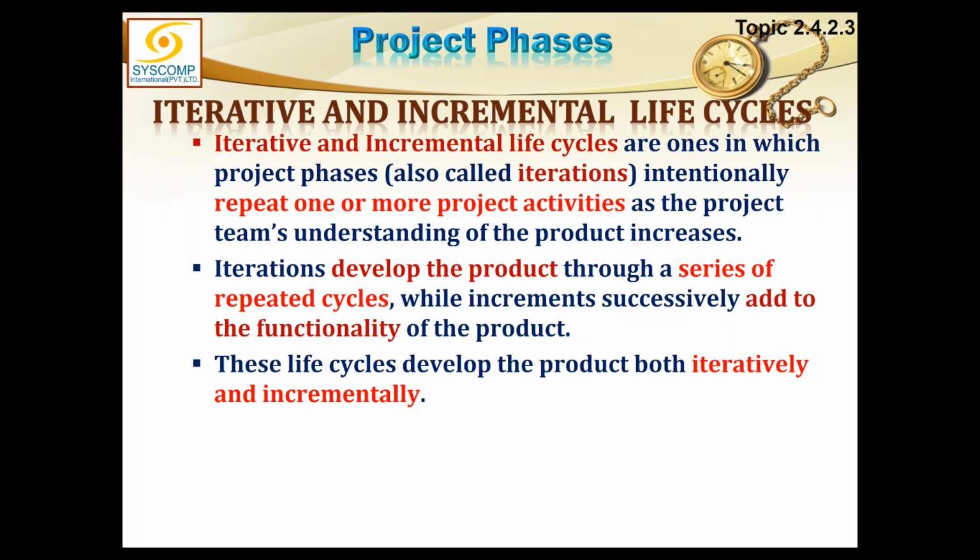So slow and steady, your product starts getting developed, and interestingly, the requirements and specifications of the product were not completely known in the beginning. We are learning those specifications and requirements, and we are building as we move. These life cycles develop the product both iteratively and incrementally. It goes in iterations, and the product is being developed in small increments.